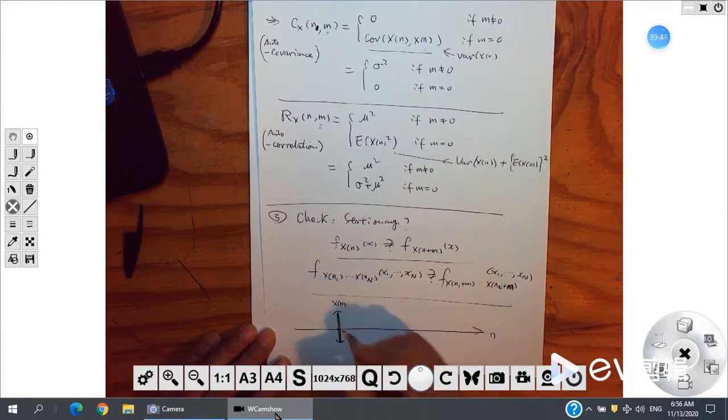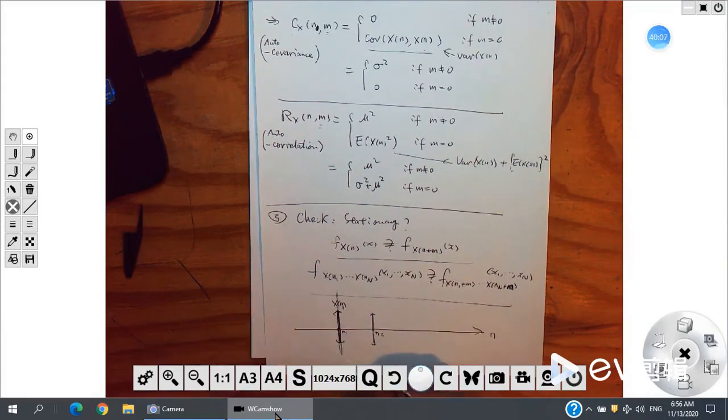X of n will be a random variable. It will take some values, and for a different n, n1, another n2, you have another random variable.